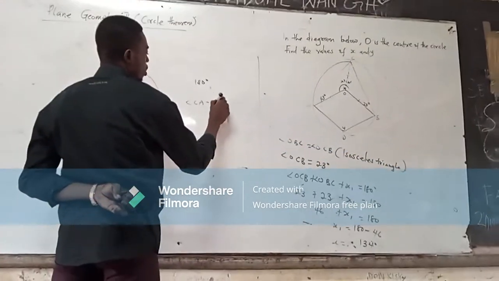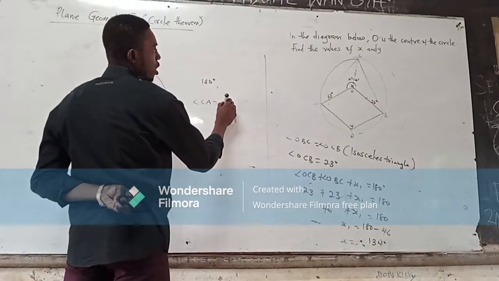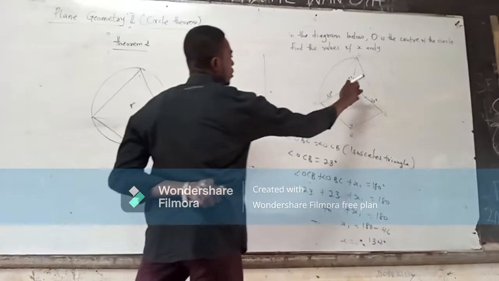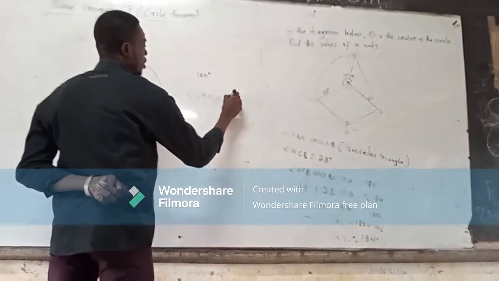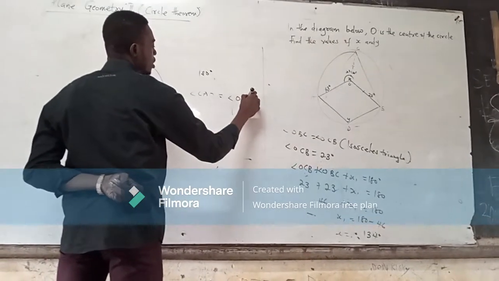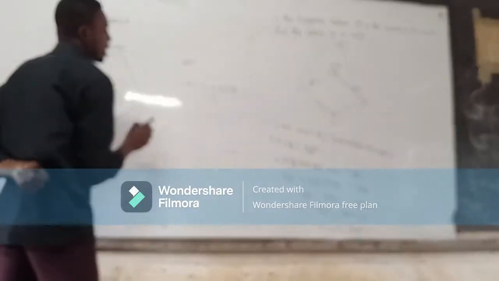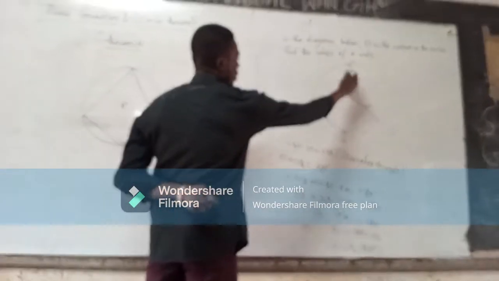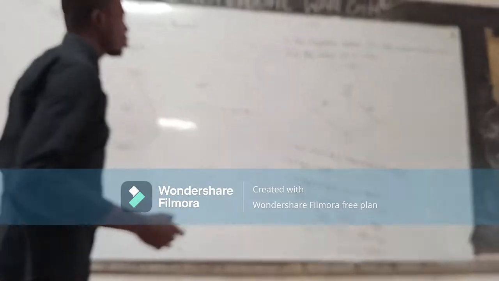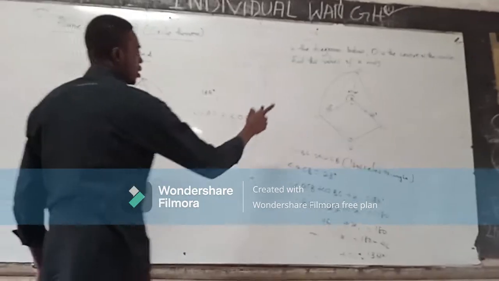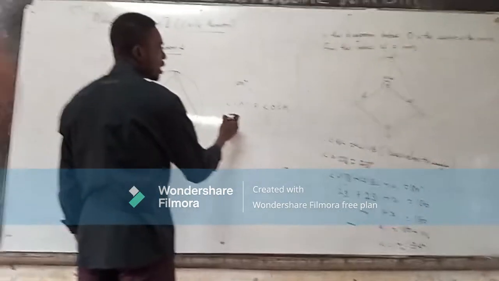CAO is equal to angle OCA. So we said that because they are also isosceles. Once we said that, it means that they are also isosceles.